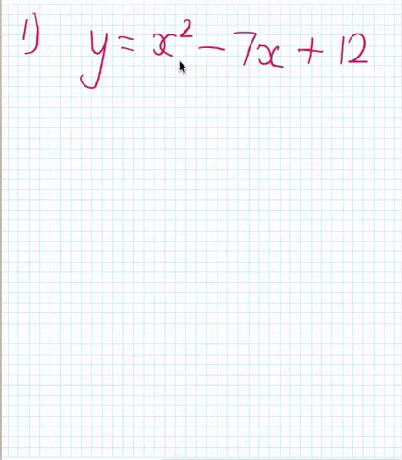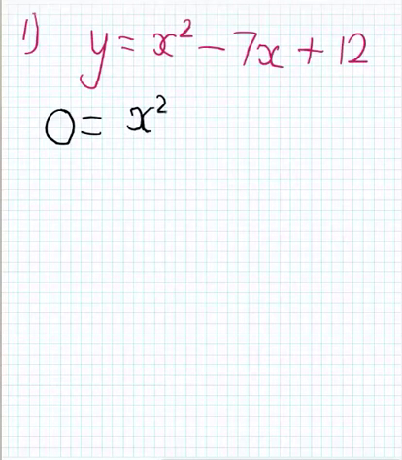So now, to solve this, our first step is to make y equal 0. In this case, the y is on the left-hand side, and that's fine for now. But later on, you'll see we may put it on the other side to solve. But for now, we'll leave it there. So we have 0 equals x squared minus 7x plus 12.